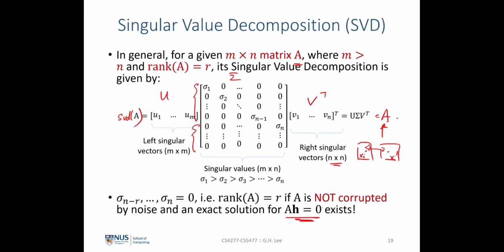What this means is that the rank of A is going to be exactly R, where R is the number of point correspondences, or the number of constraints in H. Since in our homography estimation case A is 2i by 9, and we are only interested in 8 unknowns in this 9 by 1 vector, there are only 8 degrees of freedom.